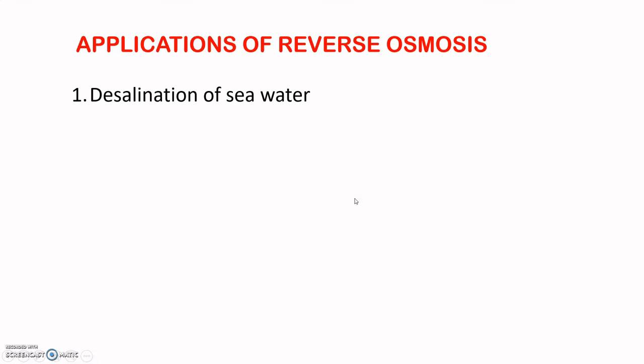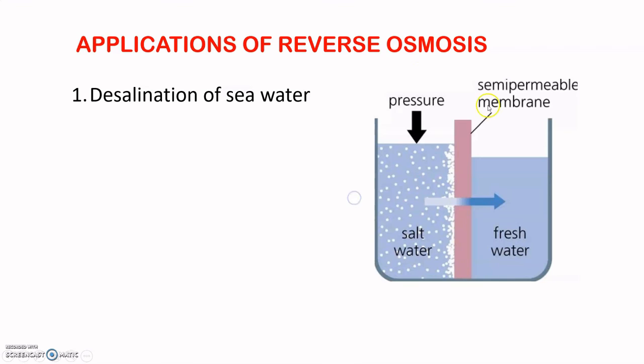So coming to the applications of reverse osmosis, one application is desalination of seawater. Here you take a tank and make it into two compartments using a semi-permeable membrane, and in one compartment you take the salt water, and in the other you take fresh water.